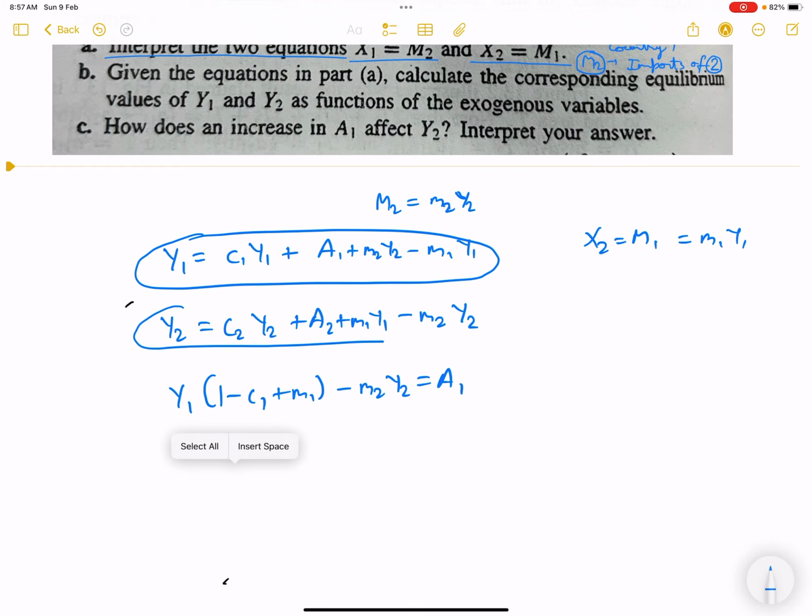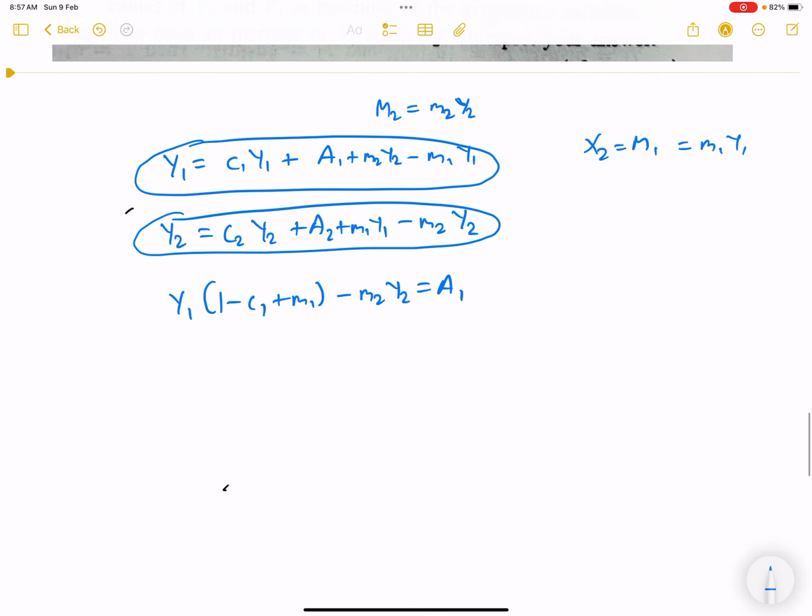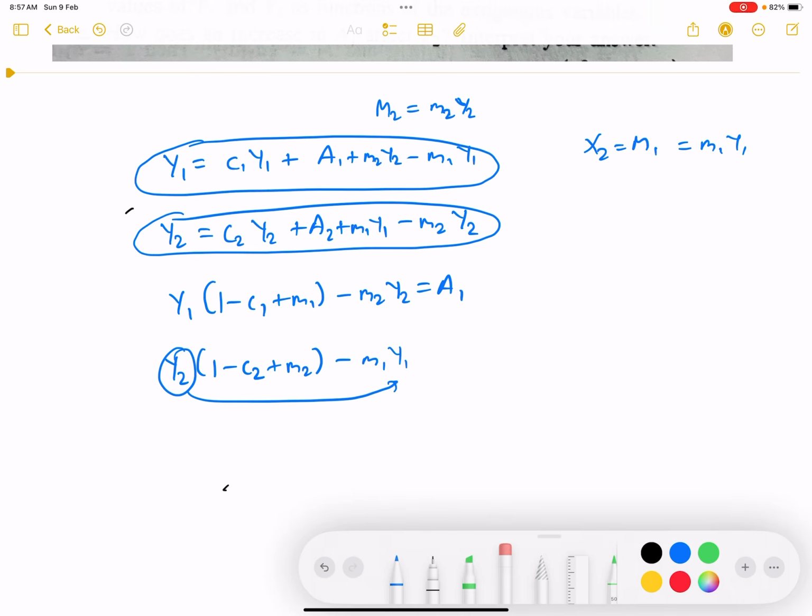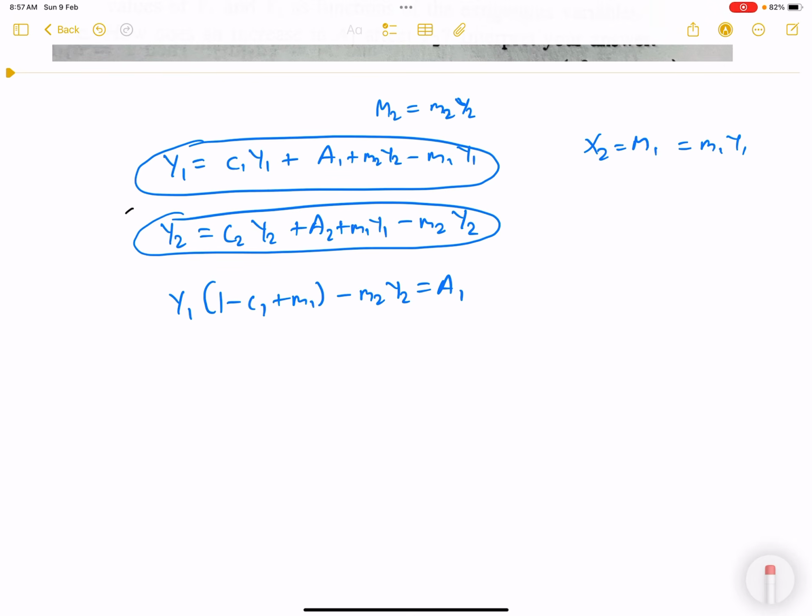Similarly, on solving the other equation, we have y2 times (1 minus c2 plus m2) minus m1 y1. These coefficients should be here; it is not a big deal.